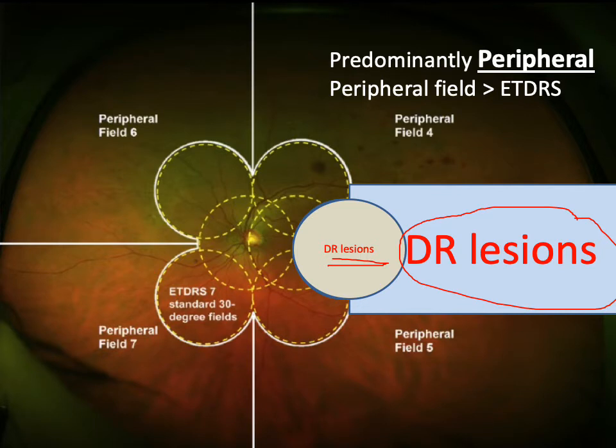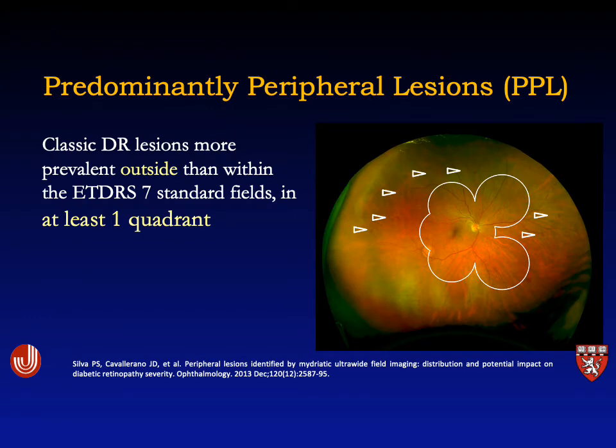Now, at first it was just a description, but then the other question was, does the presence of predominantly peripheral lesions affect management of diabetic retinopathy? So they generated a definition, and the definition said that if you have more lesions in the extended field than the ETDRS field, the eye was designated as having predominantly peripheral lesions.